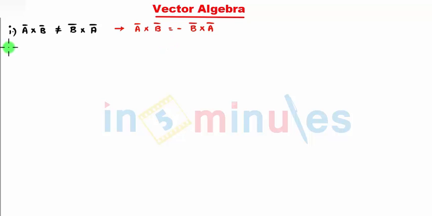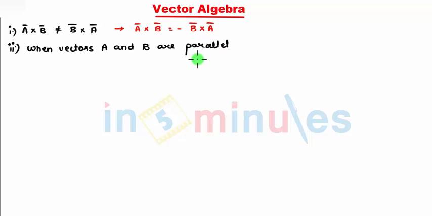Now second is, when vectors A and B are parallel. If they are parallel, that means I can say that your theta will be nothing but 0 degree, or you can say as 180 degree.